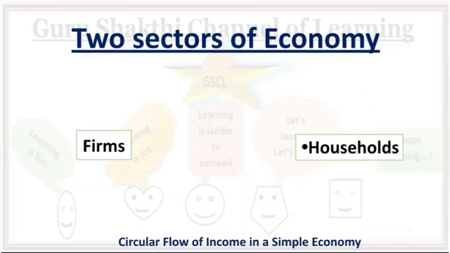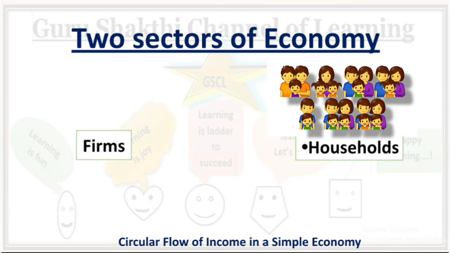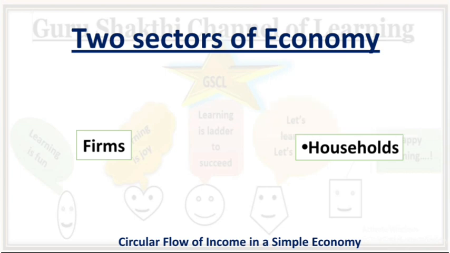We can notice here that there are two sectors in an economy: firms, where different goods and services are made or rendered to sell, and households, the families which earn in order to buy those goods and services.